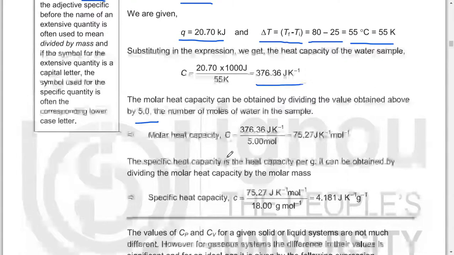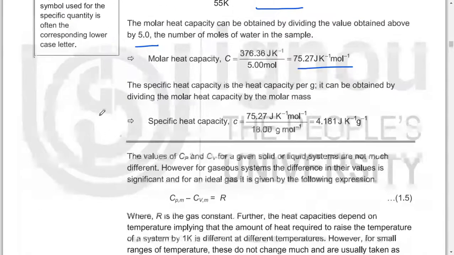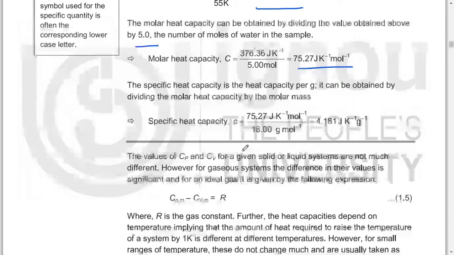Molar heat capacity C equals 376.36 joule K inverse by 5.00 mole equals 75.27 joule K inverse mole inverse. The specific heat capacity is the heat capacity per gram. It can be obtained by dividing the molar heat capacity by the molar mass. Specific heat capacity c equals 75.37 joule K inverse mole inverse by 18.00 gram mole inverse equals 4.181 joule K inverse gram inverse.